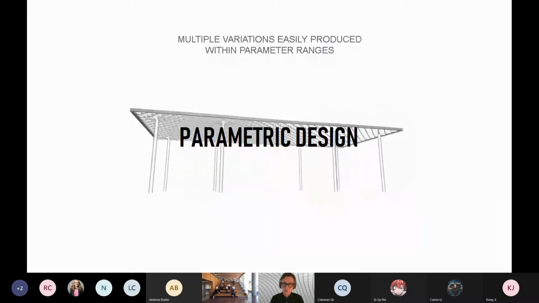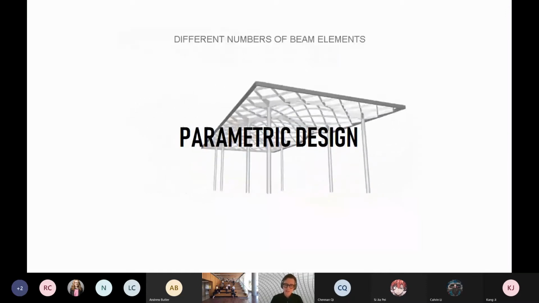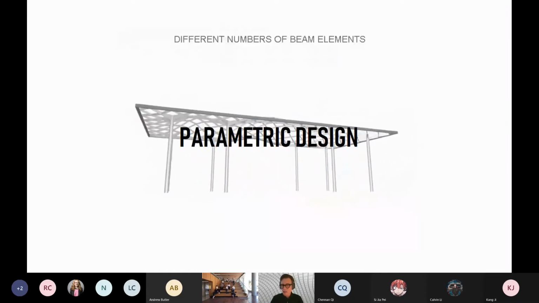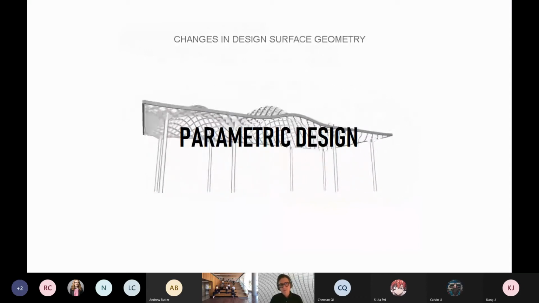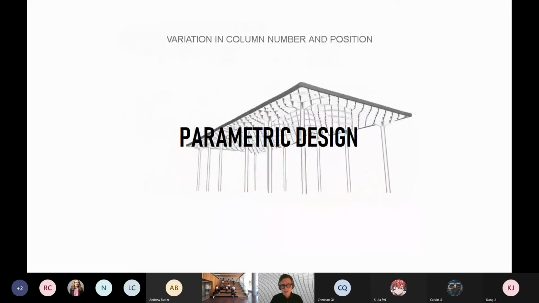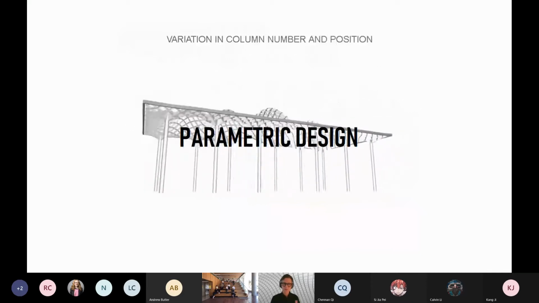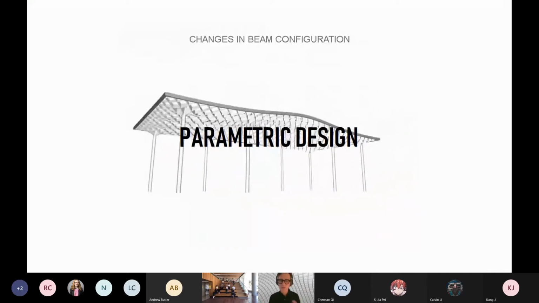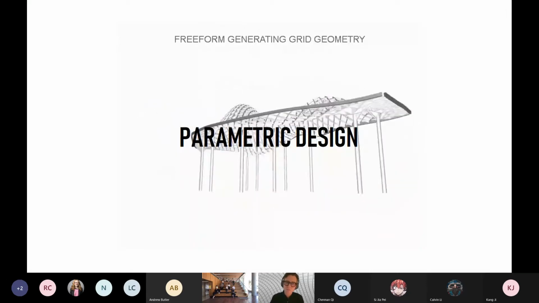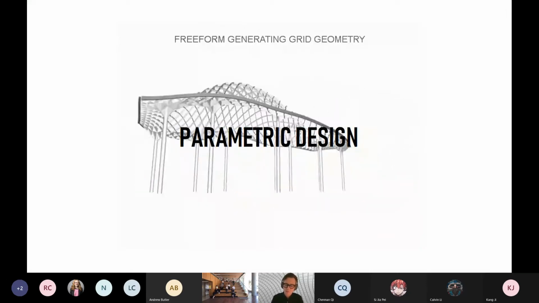And so we used parametric design again as a way to investigate the formal design space for the project. And this animation here is showing some of the many different formal options that you could easily produce once you have a parametric design system built.